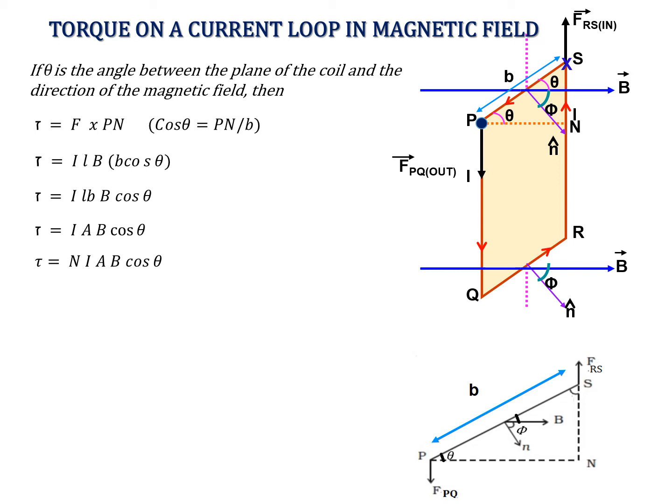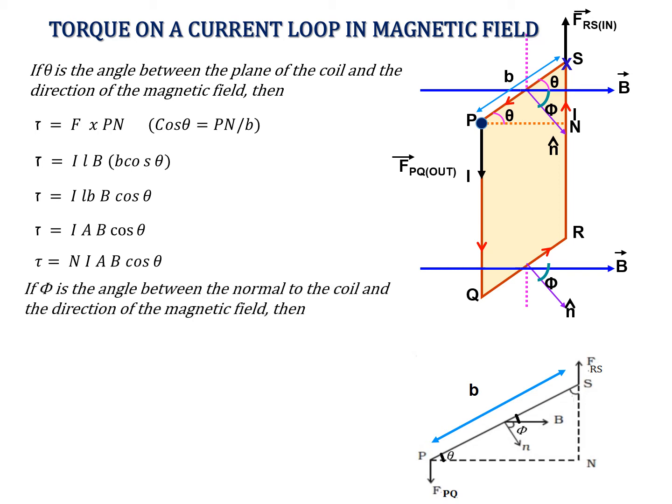Now to derive the expression for torque in terms of the angle phi, we again start with torque is force into perpendicular distance. But now from the triangle PNS, angle PSN will be phi, and sine phi will be equal to Pn upon B, and hence Pn will be written as B sine phi.